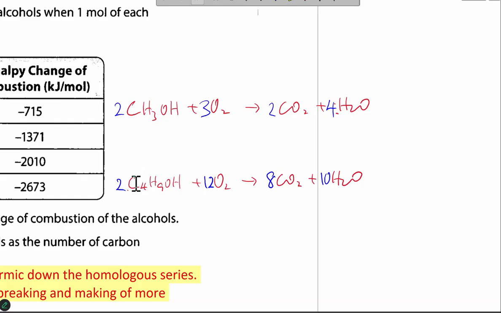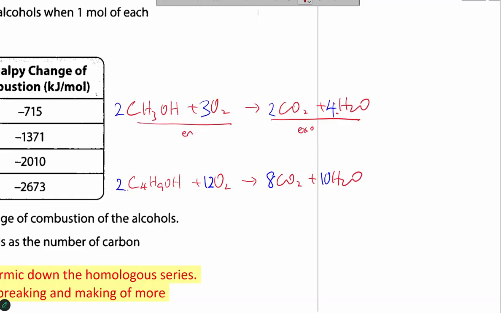They're the same number of moles, but the amount of oxygen you break here is more than this, and you form even much more. So whatever you give out here is exo, right? Exo, giving out, and this is endo. You absorb to break, you give out to form.